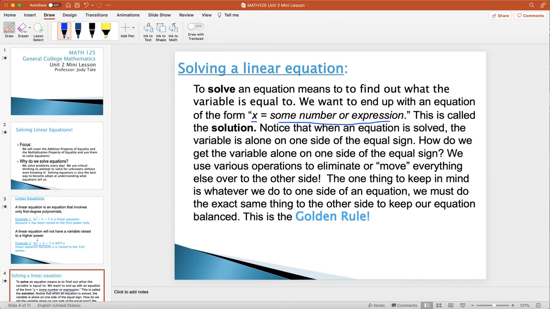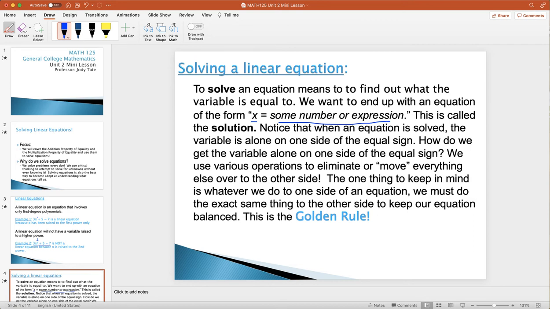So if you think of an equation as like those balance scales that you might have seen in a chemistry course or even just Lady Justice, they're perfectly balanced, these scales. The left is exactly even with the right. But if you start removing weight from the left side or adding weight to the left side, but you don't do anything to the right side, all of a sudden the scales are no longer balanced.